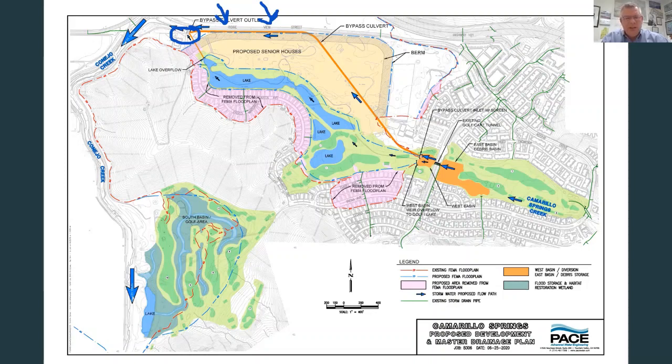So it's not like we're directing the flow out onto somebody else. We're directing the flow back into Conejo Creek. What FEMA looks at is you can't make anyone else's flood situation worse. Exactly. And they look at that with a very fine-tooth comb.